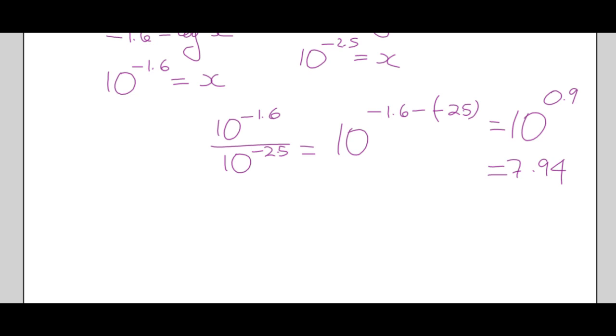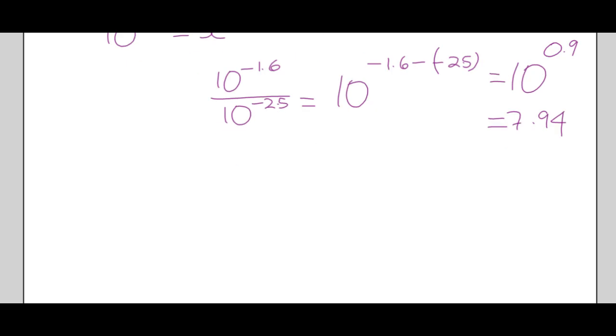Decibels, logarithmic scale. Richter scale, logarithmic scale. Anything with a log scale. When you want to find out how many times more intense one thing is than the other, here's what you do. You go 10 to the power of the higher number minus the lower number.